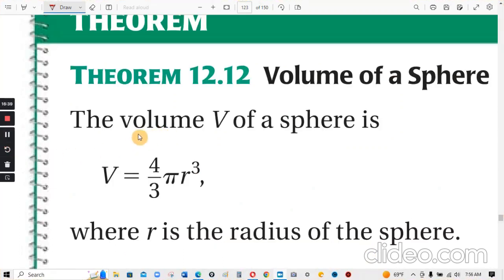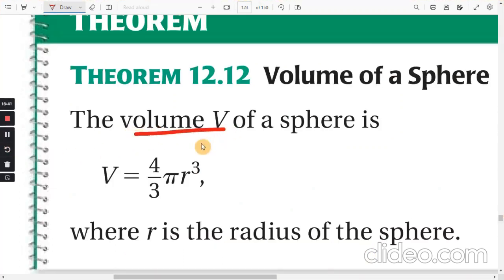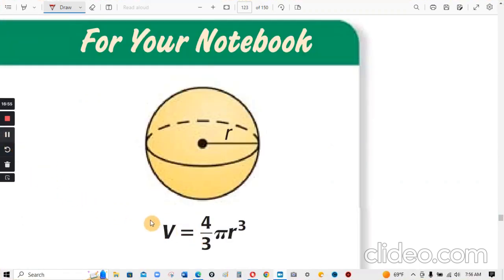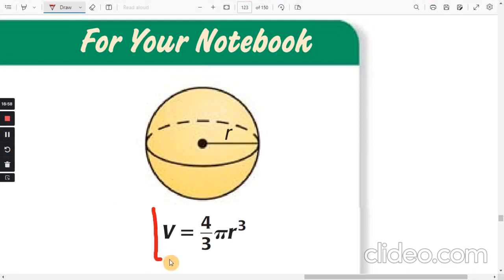Now for the volume of a sphere, we're looking at 4/3 pi r cubed. Okay, so r is raised to the 3rd power in the volume of the sphere. R is the radius. So this is the formula for the volume of a sphere, 4/3 pi r cubed.